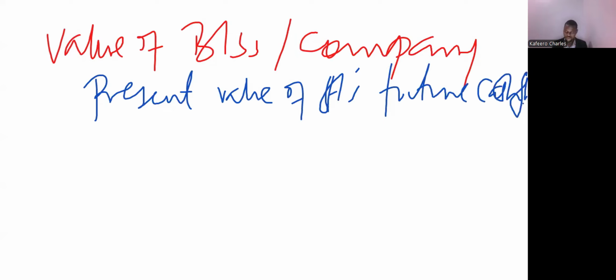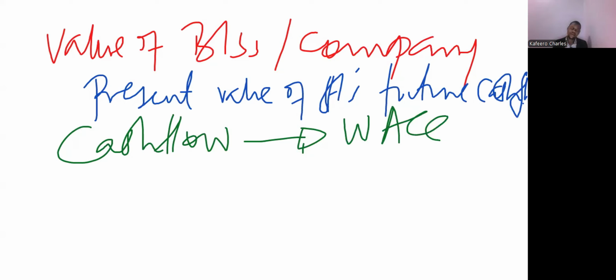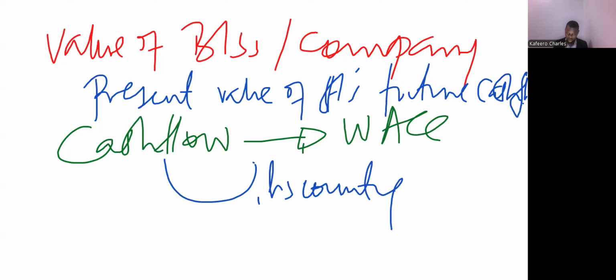When we talk about the present value of future cash flows, we are simply saying you get the cash flows that you expect to receive from a given project over the many years, then you discount them using the cost of capital, which we call the WACC.